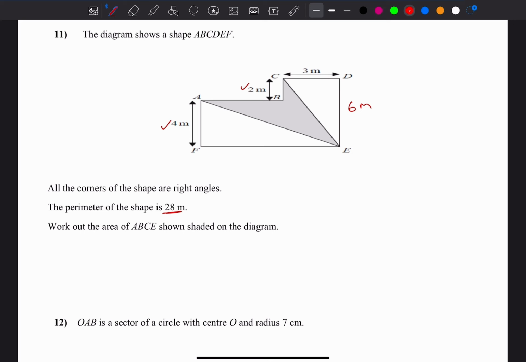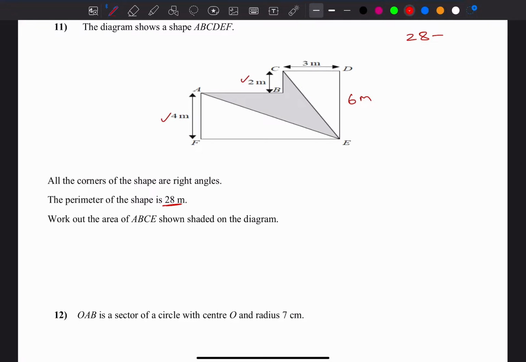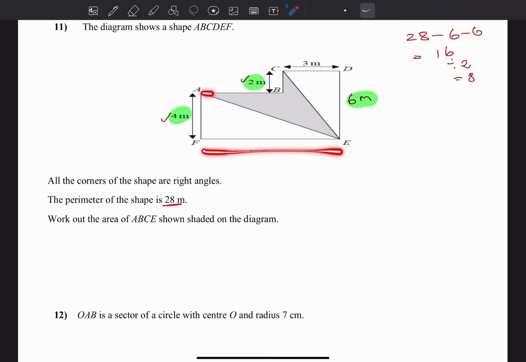From 28, I'm going to take away 6, which is that one, and I'm going to take away these 2. That's another 6. Take away 6, that makes it 12, and 28 take away 12 is 16. Now if that's 16 and I divide it by 2, that makes it 8. So this side is 8, this plus this is 8, that plus that is 8, so that makes it 5 meters.